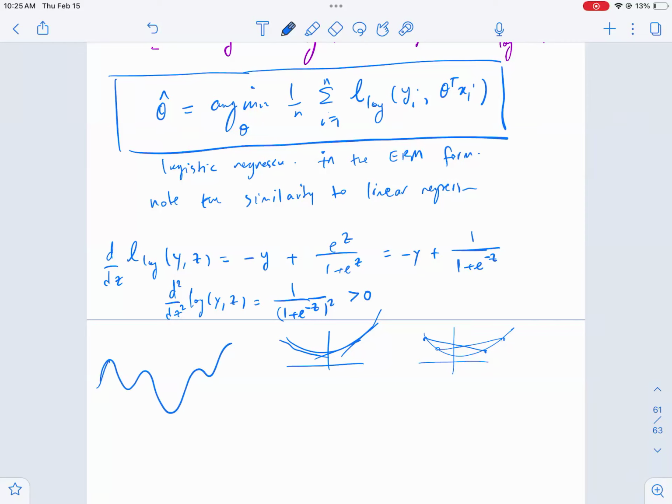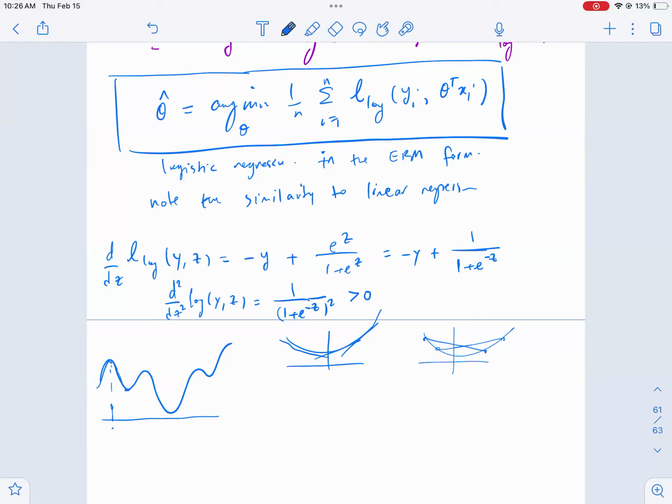This is non-convex. If I start gradient descent at the point here, the derivative points to this point, and I achieve a zero gradient here. So I'm going to converge to this, which is a local minimum.